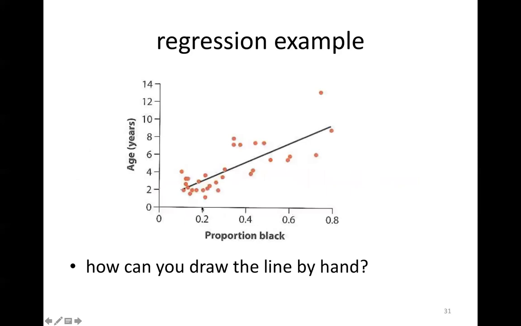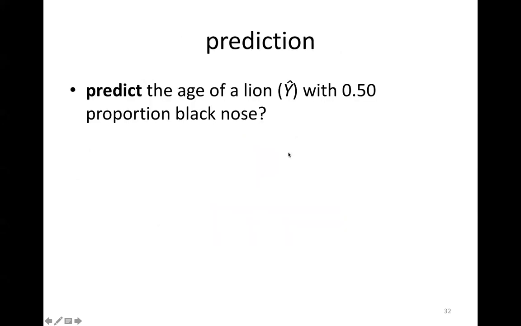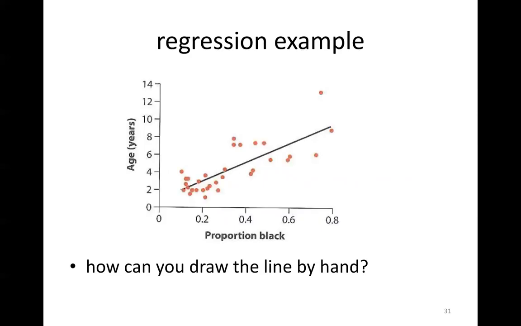Let's say the value of y for x at point 2 and the value of y for x at point 8. You have 2 points, and then you could just draw a line. And now the line is the predictor, right? It tells us the predicted values of y for each corresponding value of x.